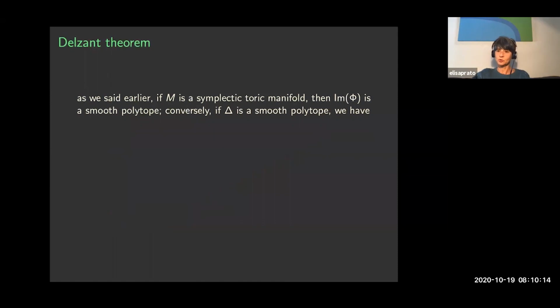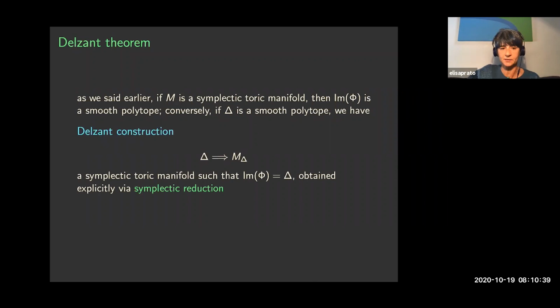But he also showed the reciprocal, meaning that if we have a smooth polytope, there is a construction which is now known under the name of Delzant construction, which enables us to explicitly construct a manifold, the symplectic toric manifold M, starting from delta, having the property that the image of the corresponding moment mapping is delta. So M_delta has a torus action with the properties that I described earlier.